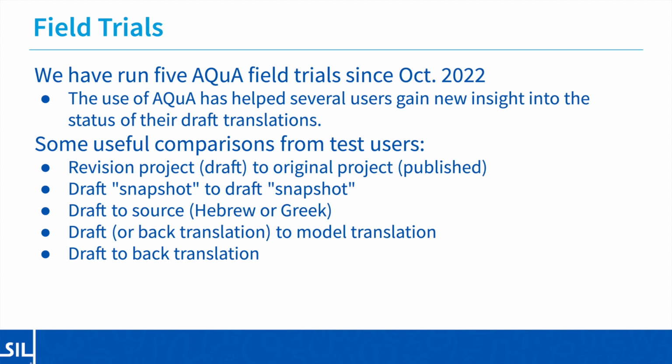Several use cases have come up during these field trials, including comparing a working revision of a published Bible to its model text, highlighting areas where most revisions have been made; comparing 2 snapshots of the same translation project from different points in time to each other, highlighting the changes made throughout the course of the project; comparing a draft to the source Hebrew or Greek, which is often of interest to translation consultants; comparing a draft or a back translation to a model translation to gain insight into how closely the draft is following the model; and comparing a draft to its corresponding back translation to gain insight into how accurately the back translation conveys the information in the draft.